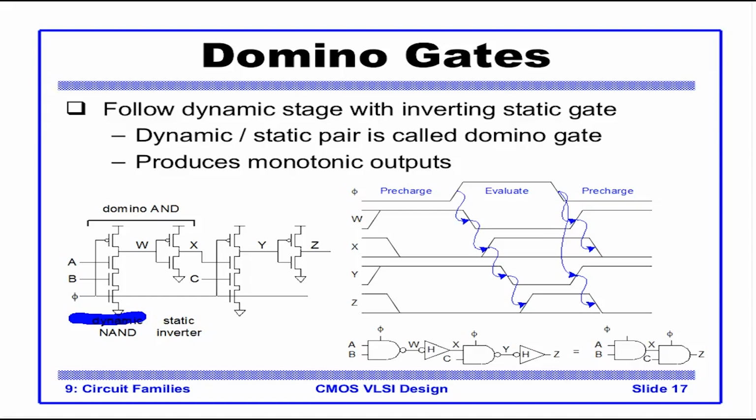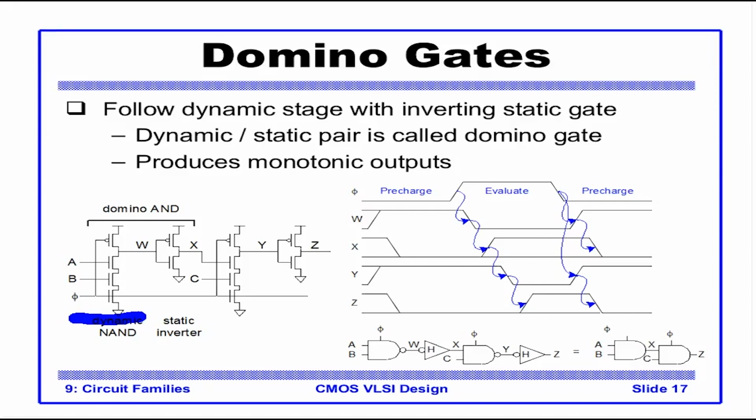It produces monotonic output. For the case where the W node was falling, X is now rising because X is the inverse of W, and it doesn't pose a problem for the next gate. For the next gate, you still have X which is monotonically rising. Again Y falls, and Z is fine. Since Y to Z is a static CMOS inverter, it doesn't have any restriction.